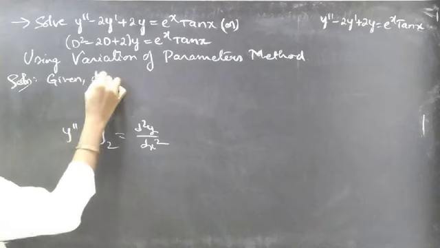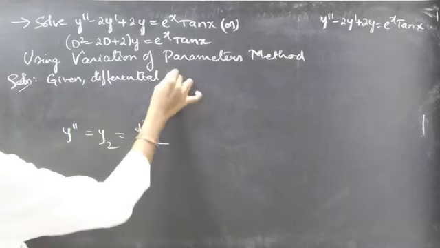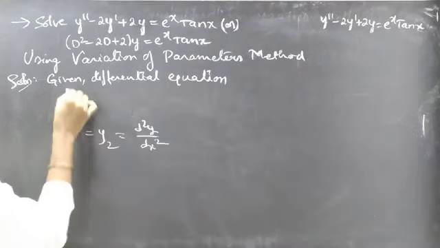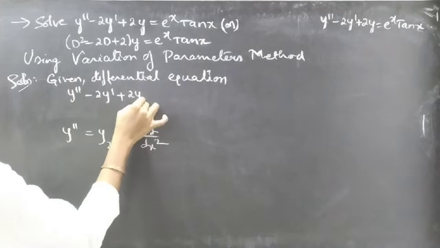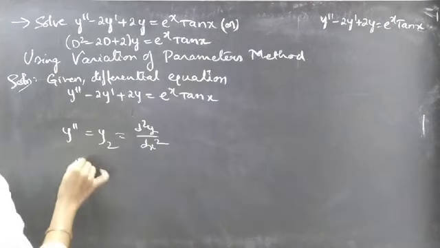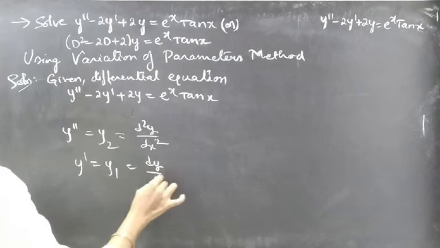Given differential equation, y double dash minus 2y dash plus 2y equal to e power x tan x, and also here y dash or y1 is nothing but the derivative of y with respect to x.